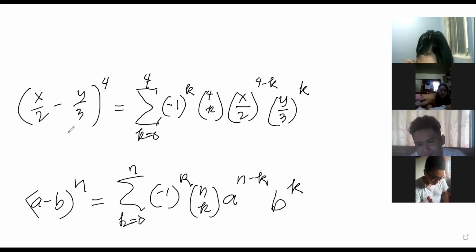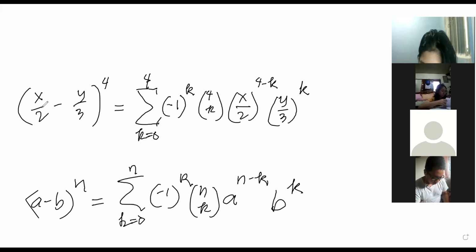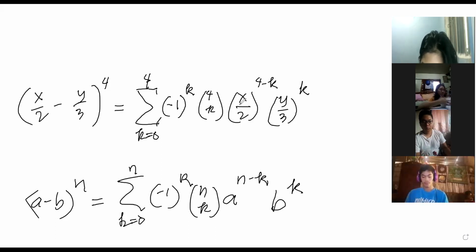In this case, your a is x over 2, that's why you have it here. Your b is y over 3, that's why you replace it here. And your n is 4, that's why you replace all n with 4.